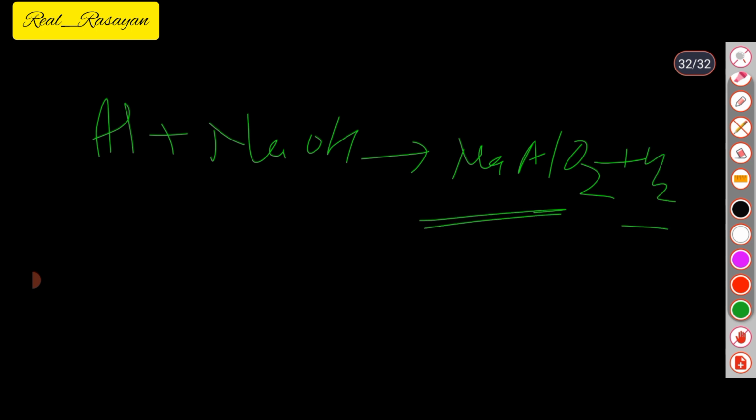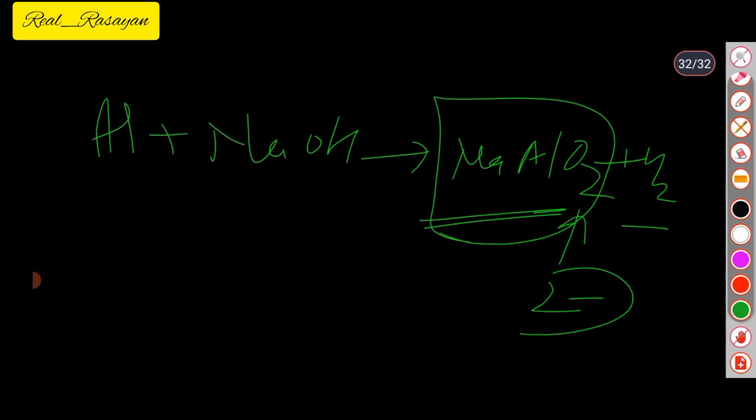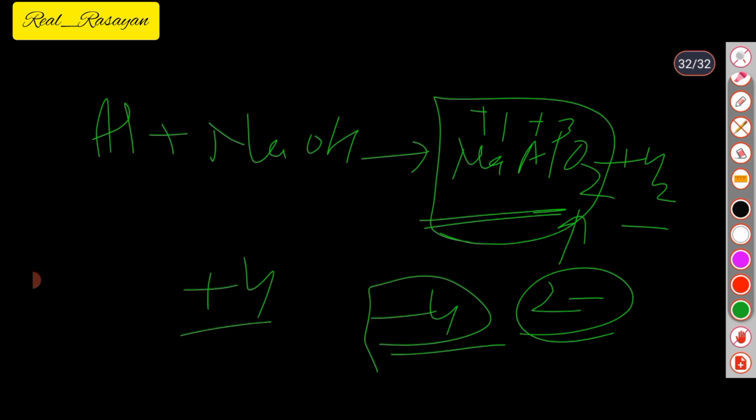But the formula is something typical to remember. If you learn it with the valencies, oxygen carries -2, so 2 oxygen carry a total of 4 negative. So 3 plus on aluminium and 1 plus on sodium, so it will be balanced. Total 4 and total 4 on oxygen. So aluminium with base gives sodium aluminate with hydrogen gas. Zinc plus base gives sodium zincate.